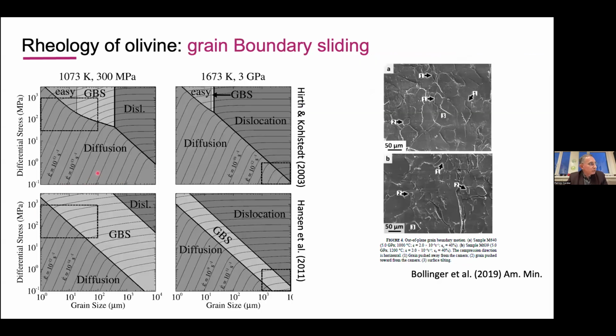And this is one of the reasons which led the team of Dave Kohlstedt and Hansen to propose, from the analysis of the mechanical constitutive equations, another mechanism at the grain boundaries, giving another degree of freedom: grain boundary sliding. It's only very recently, in 2019, that Caroline Bollinger in Bayreuth did prove with microstructural evidence the activation of motion at grain boundaries.